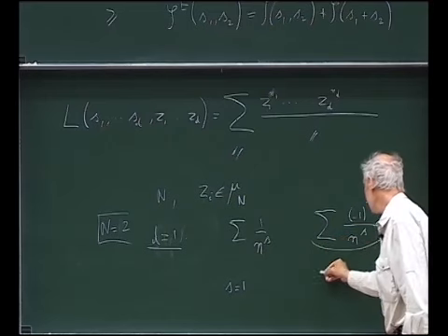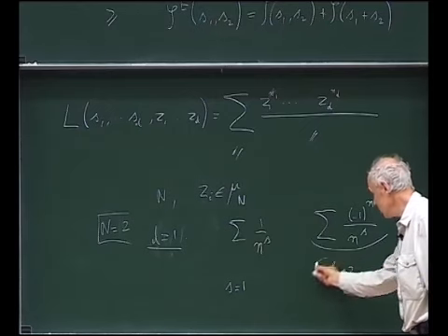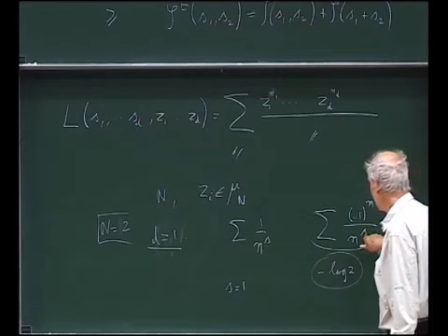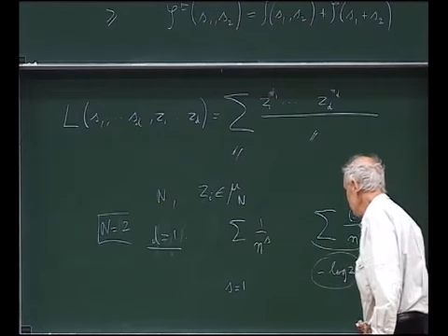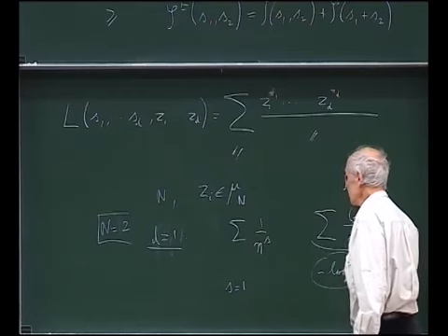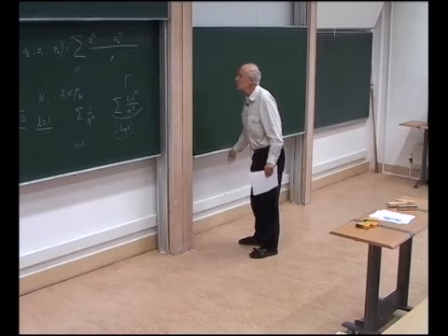Now, for s equals 1, you get something new. Here you are at the pole, you don't take it. Here, you recognize the expansion of -log 2, so we have one more number which came up. But for s bigger than 1, you have nothing new.